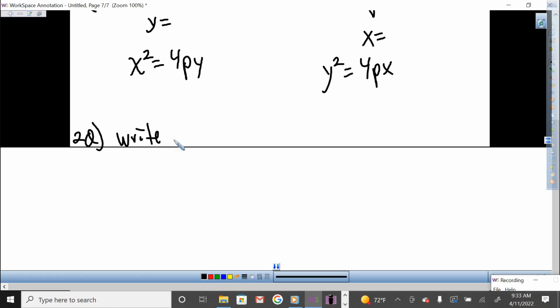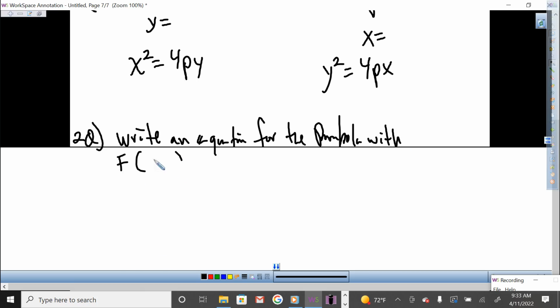Write an equation for the parabola with F at (0, 6) and directrix at y equals -6.